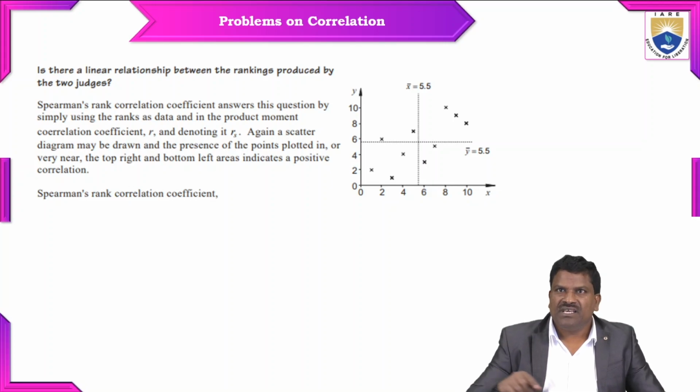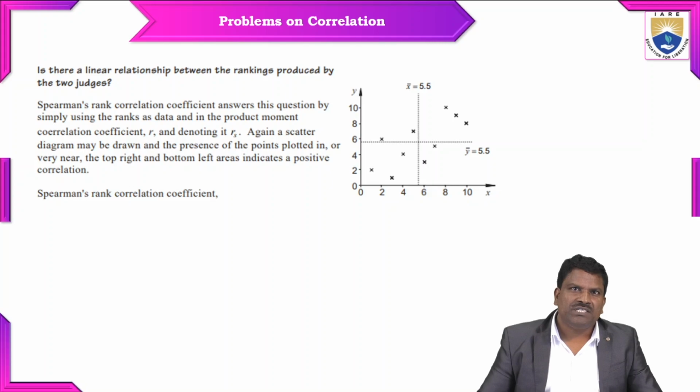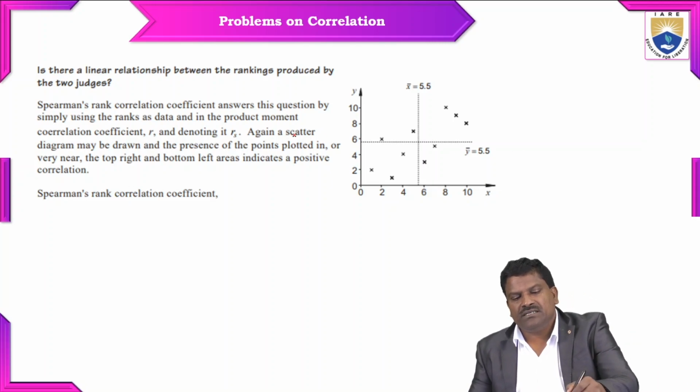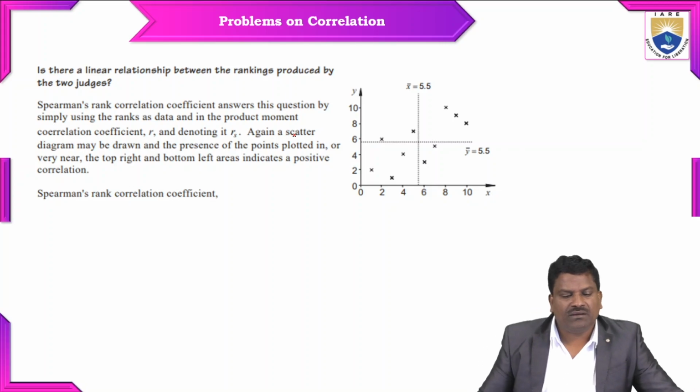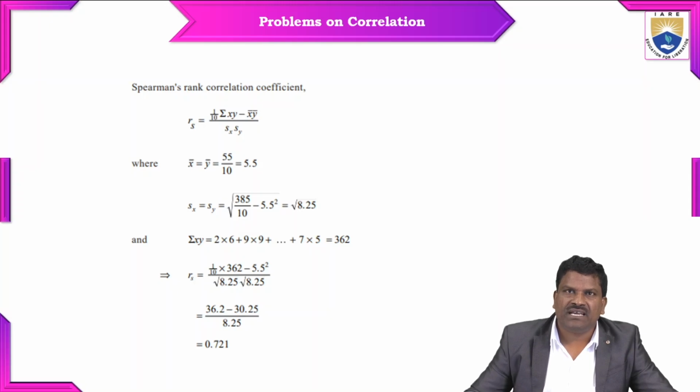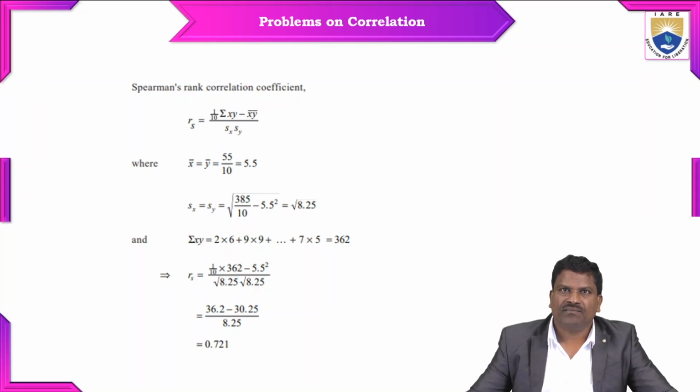Like that, here we can show Spearman's rank correlation coefficient using this diagram. How can we find Spearman's rank correlation coefficient? R is equal to 1 by n into sigma xy minus x bar y bar, by sx into sy.